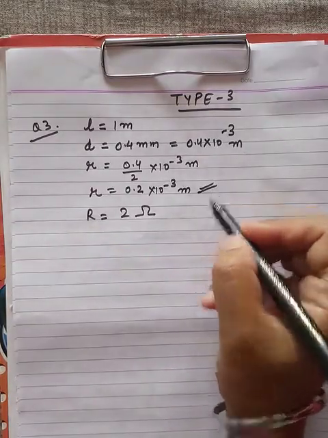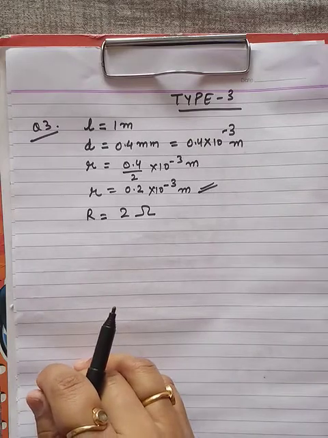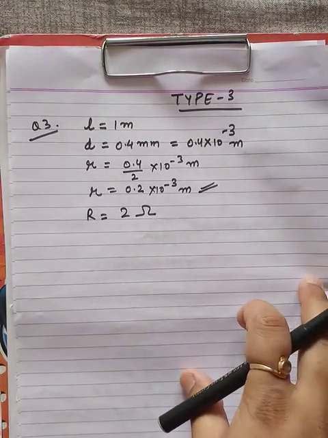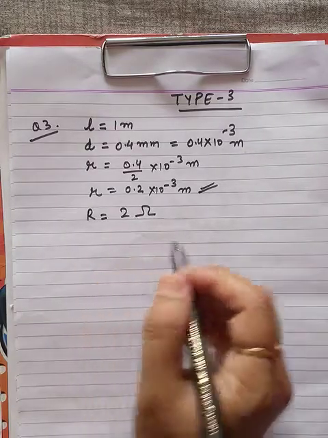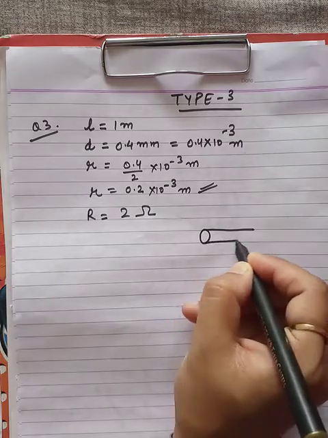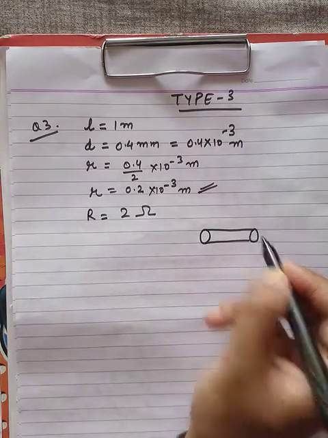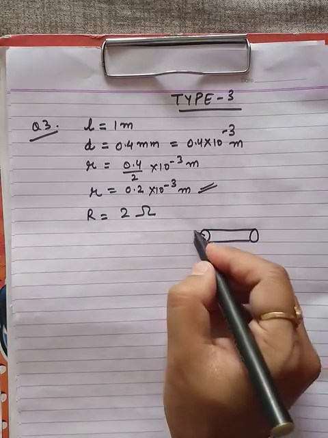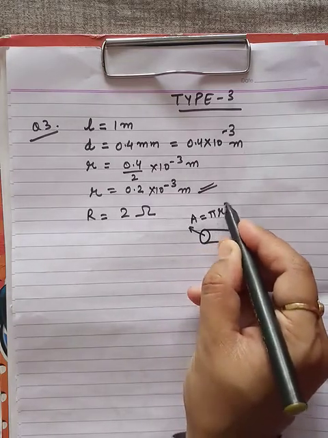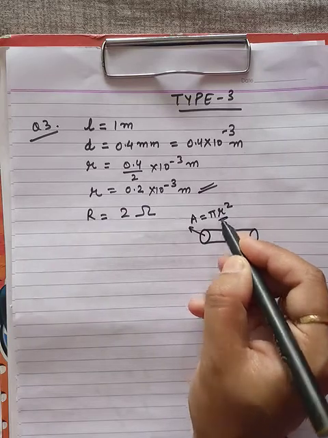Why am I finding the radius over here? Because in the formula I need the area, and the cross section of a wire is always a circle. So the area of a circle is pi r square. I need the radius, right?